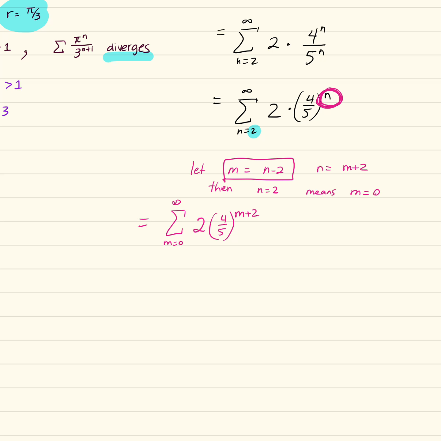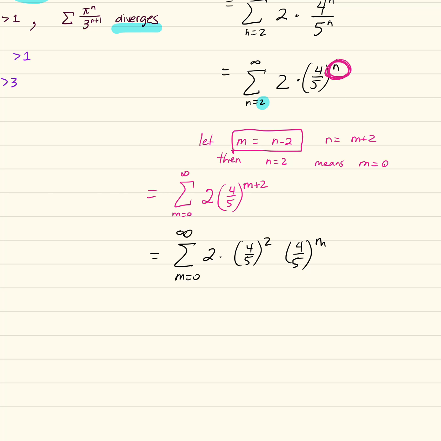Okay? And now, rewrite this as 2. I can pull off 4/5 squared and be left with 4/5 to the m. Okay? So, what is that? 2 times 16 over 25, which is 32 over 25.